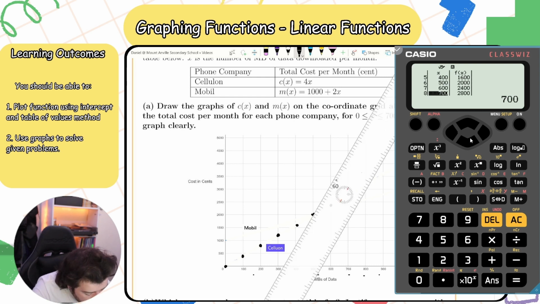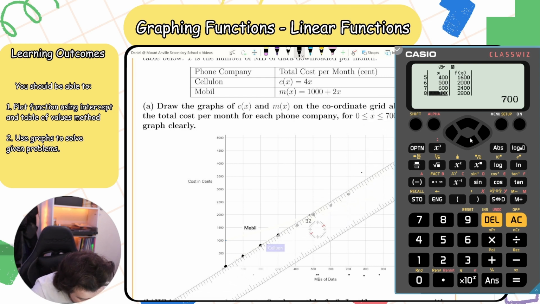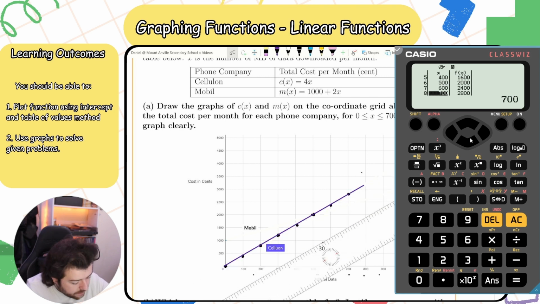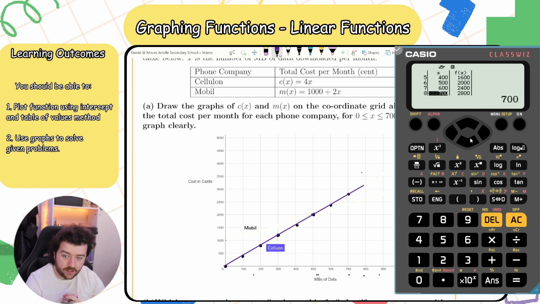Right, and there is Cellulon there. So let me make Cellulon purple. Oop, bit off. There you go. And there is me plotting out Cellulon using my calculator.